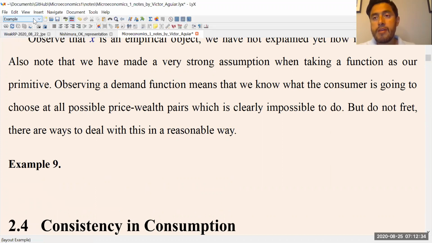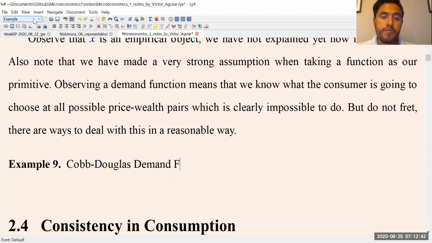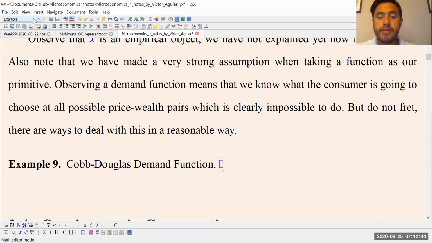A typical example of a demand function is a Cobb-Douglas demand function. In this particular case, I'm going to define the demand function as follows. Remember, this is a vector, so I have to write down the information that I need in transposed form.